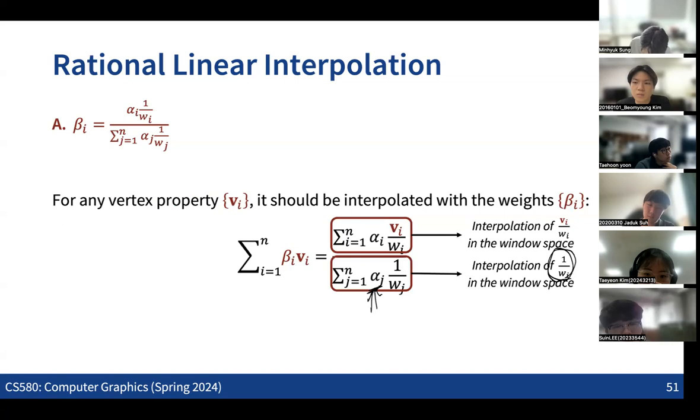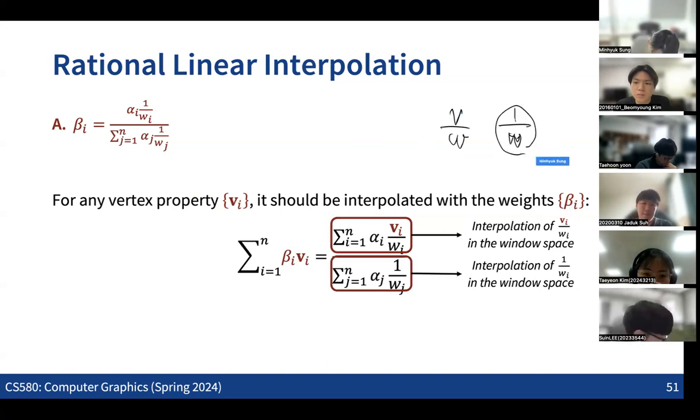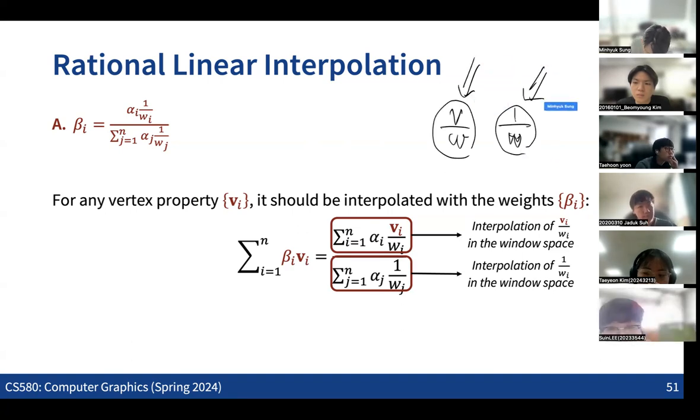Which means that if we have the information of V over W and 1 over W, then we can simply interpolate these two quantities using the weights alpha, which is computed with the barycentric coordinates.